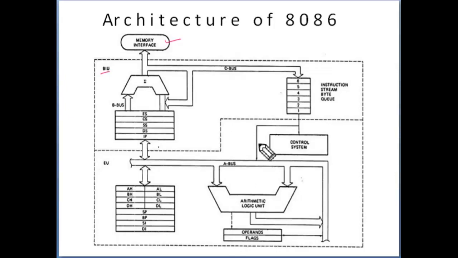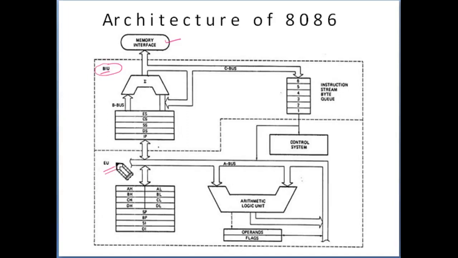While the execution unit wants to access any memory location, it instructs the bus interface unit to access the data from memory or from a port address, and the bus interface unit receives this data and supplies it to the execution unit through its internal buses. This is the job of the bus interface unit.